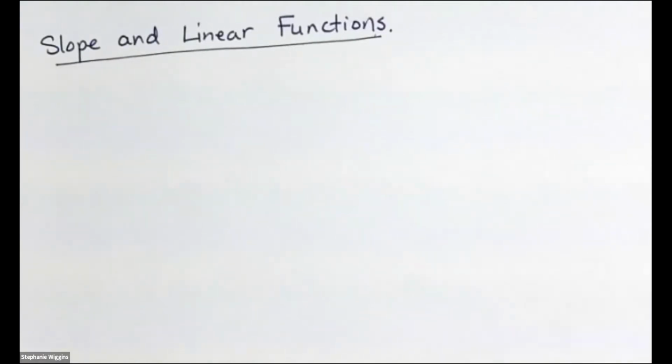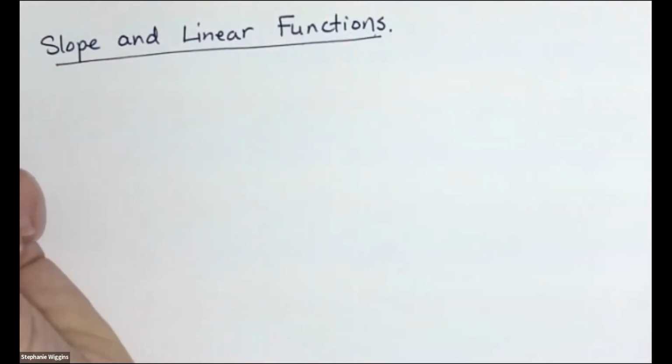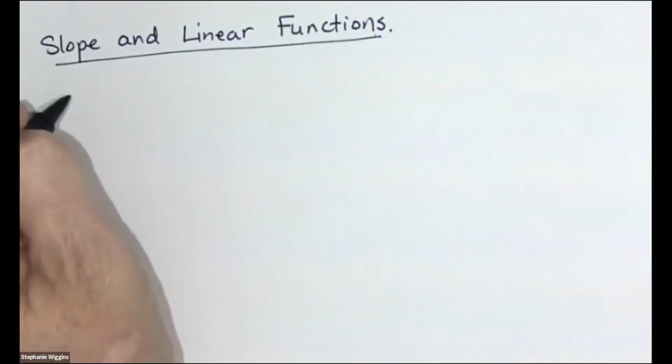Okay, so what defines a line? Well, all you need to define a line is 2 points. There are obviously many points that define a line, but as far as knowing what the equation is or knowing the characteristics of the line, you just need 2. And that's where the slope comes in.